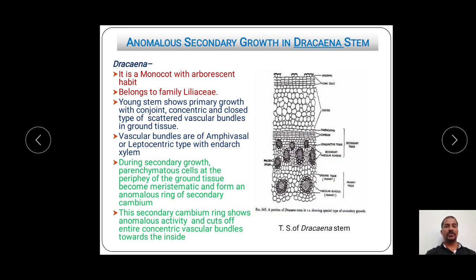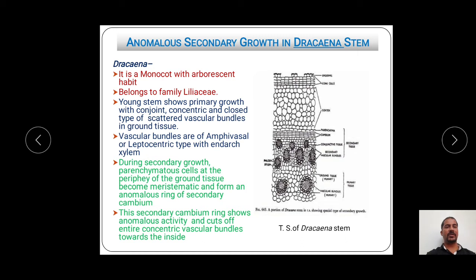During secondary growth, the parenchymatous cells which are present at the periphery of the ground tissue become meristematic and form an anomalous ring of secondary cambium. That means the formation of secondary cambium takes place from the parenchymatous cells which are present at the periphery of the ground tissue.